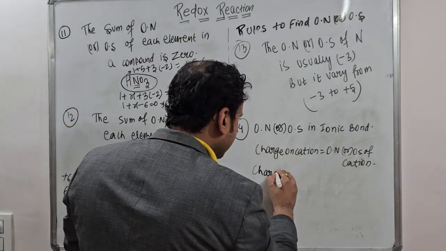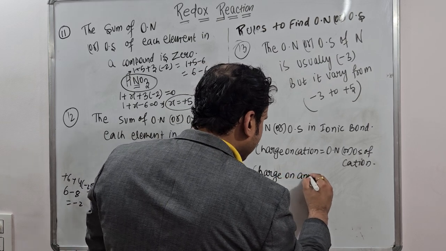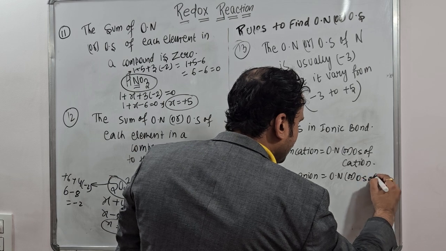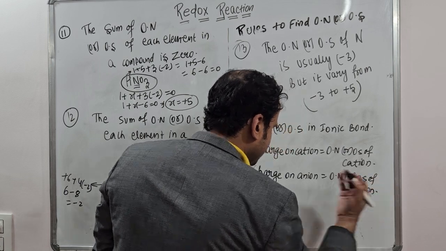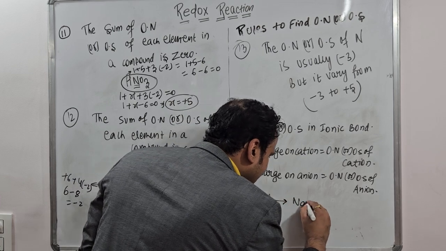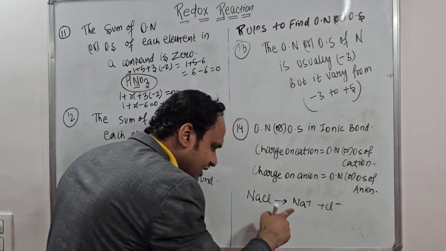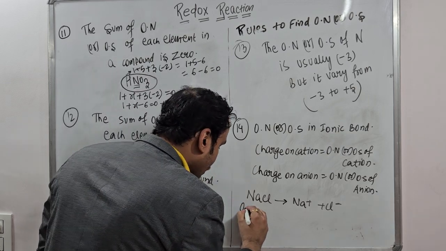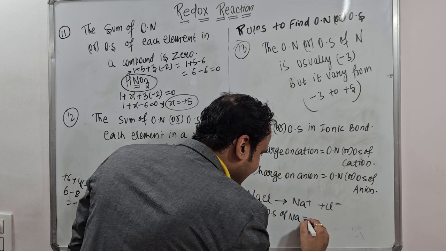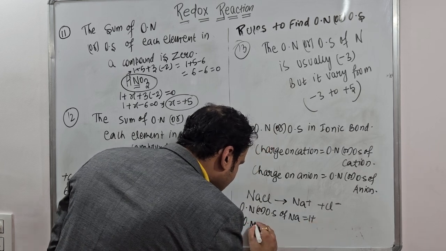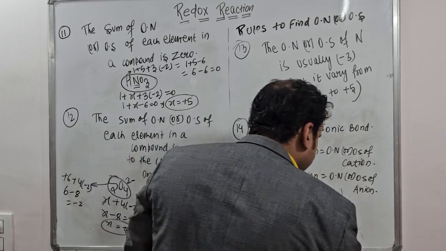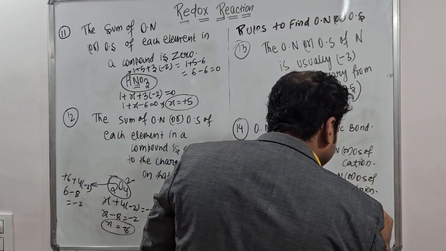And the next point, the charge on an anion is considered to be the oxidation number or oxidation state of the anion. What does it mean? Suppose I have written NaCl. If you break it, Na plus, Cl minus. So what is the charge of the cation? 1 plus. The oxidation number or oxidation state of Na cation is 1 plus. What is the oxidation number or oxidation state of Cl? 1 minus.